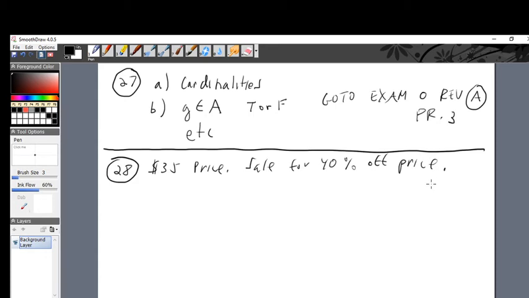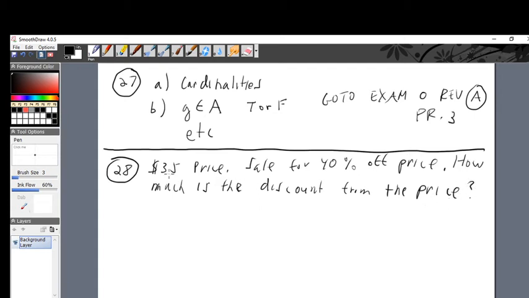How much is the discount from the price? How much is the discount off the price? Question mark.